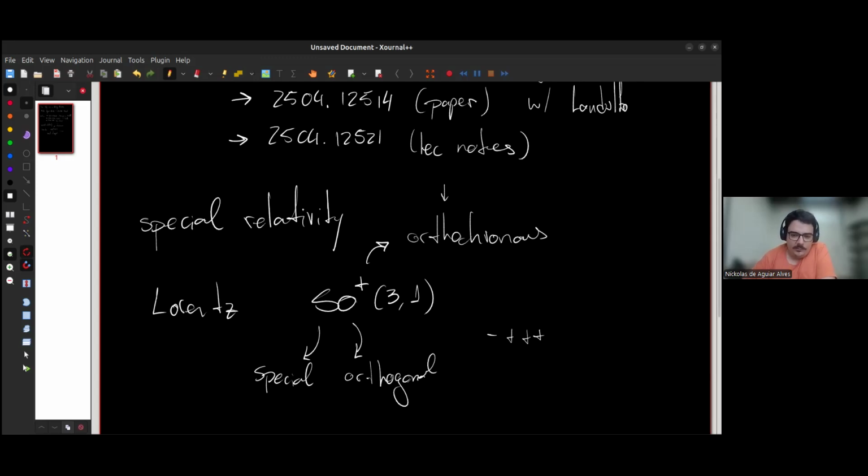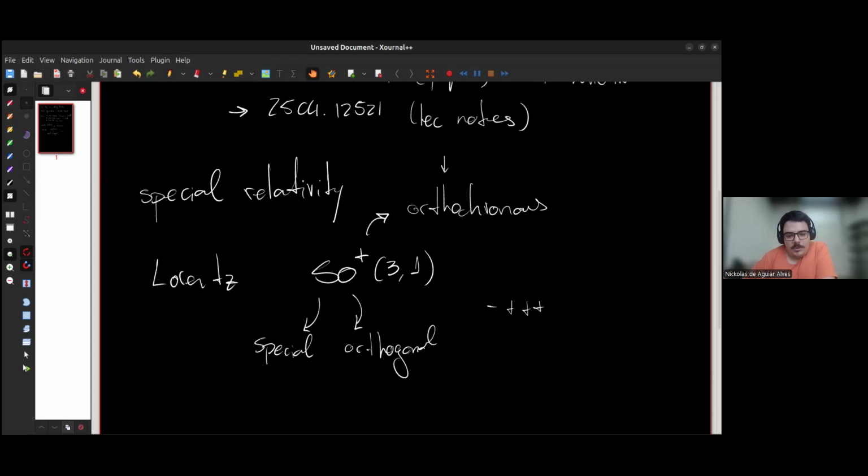It's the continuous version that is connected to the identity. And this is one of the most important groups when you're studying special relativity. This gives you the linear transformations that preserve the Minkowski metric. But something that is particularly curious about it is that this group does not appear only in relativity.